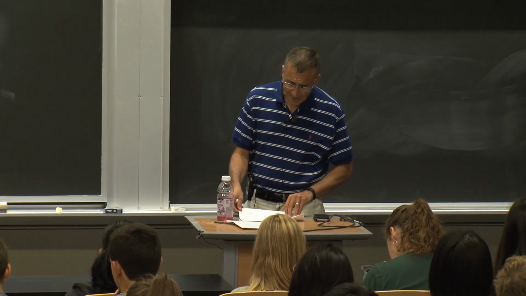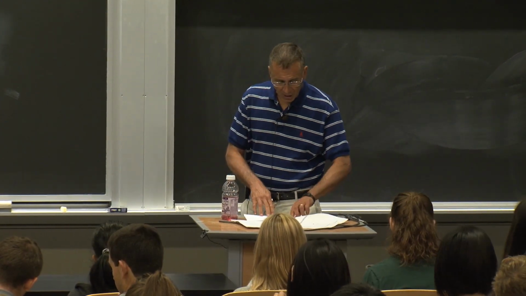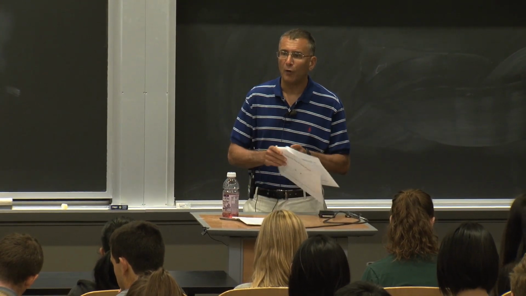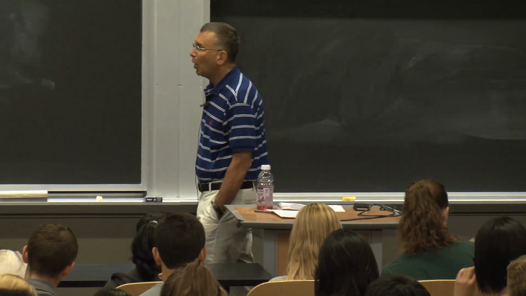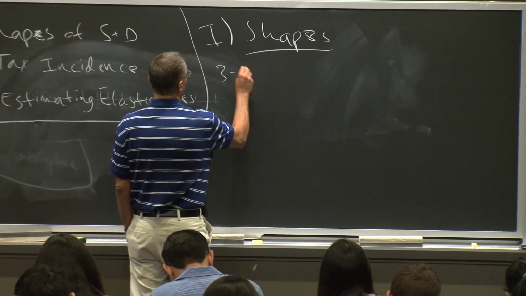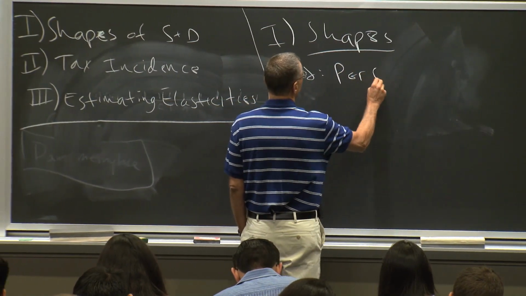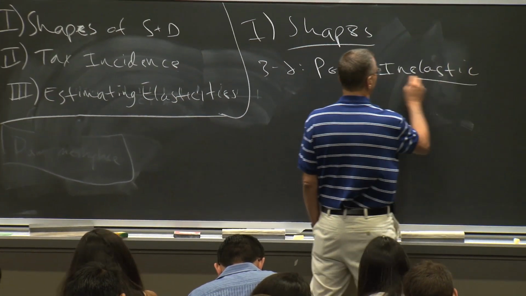Now, let's imagine that the demand curve looked different. In particular, let's turn to the case of what we call perfectly inelastic demand, in figure 3.2. What do I mean by that? Well, think about what the word means.